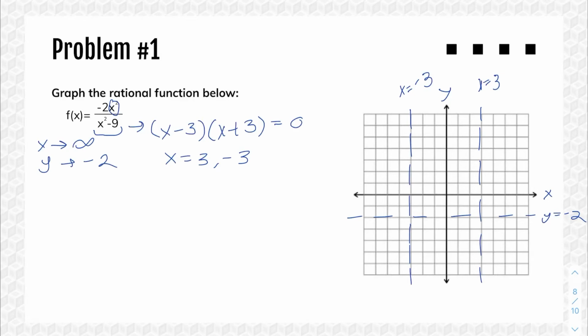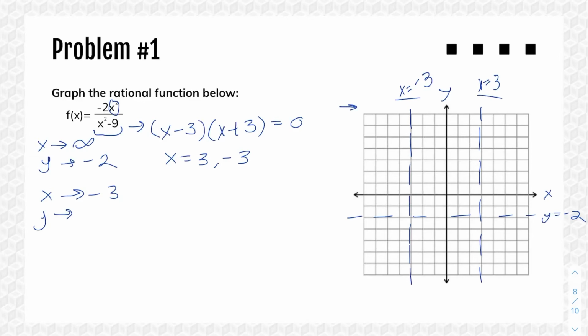Now, let's try to find where our curves should be. In order to find the curves, we should see what happens as x approaches one of our asymptotes, approaching from one side. Let's start with x is equal to -3. So we want to know what happens as x approaches -3 from the left side, so we could find out what happens to y.